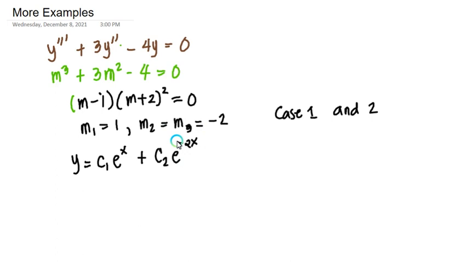Since negative 2 is repeated, we put the repeated value: C3 e raised to negative 2x, but we multiply by x. So this is case number 1, distinct roots, but since we have repeated roots, this is case number 2. So this is what happens with higher order differential equations: you just apply the different types of cases, as with our quadratic differential equation.